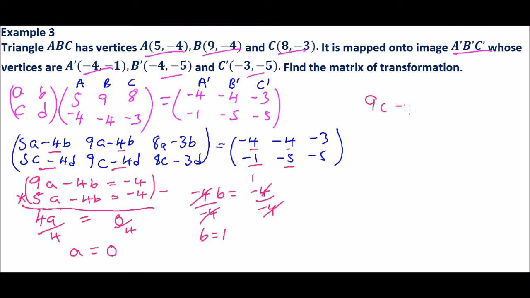We take the value to the other side, so minus 4D is equals to 4, divide by minus 4, you find that D is minus 1. We have the matrix of values. So A is 0, B is 1, C is minus 1, D is minus 1, and that is the matrix of transformation.